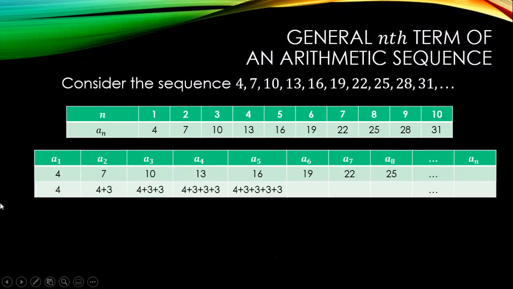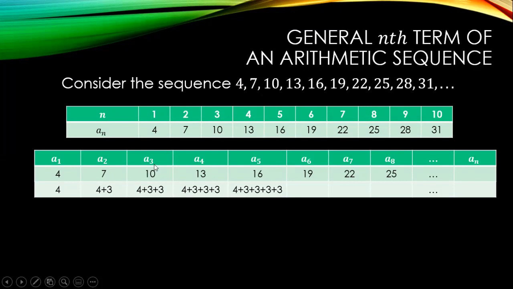Okay, so in the third row, we rewrite our terms in the second row. On the first term, we have 4. Copy it. And for the second term, in order to get 7, we add 3.